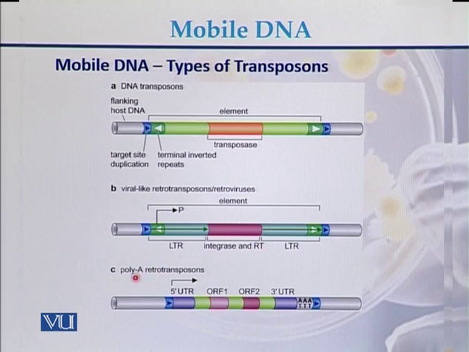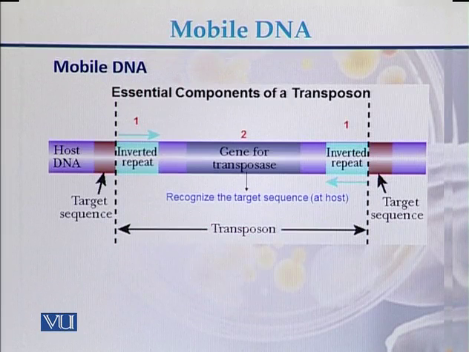The third type of transposons is poly-A retrotransposons. Here we can see the poly-A. So these are the three main types of transposons: DNA transposons, viral-like retrotransposons, and poly-A retrotransposons.